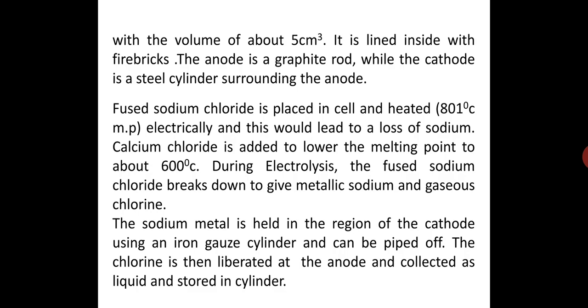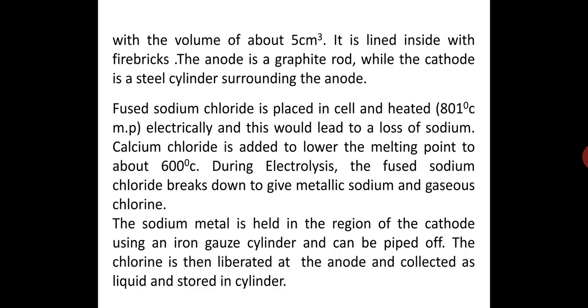Because of the high melting point, calcium chloride is added to lower the melting point to about 600 degrees centigrade. That means the calcium chloride is used as a catalyst to lower the melting point of sodium chloride.